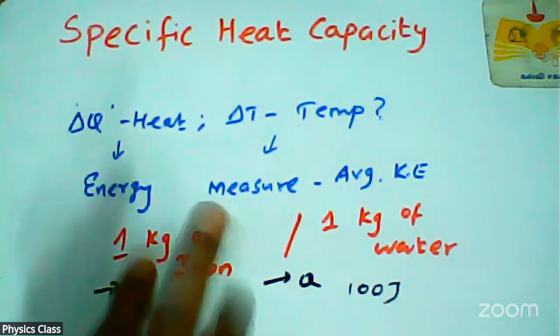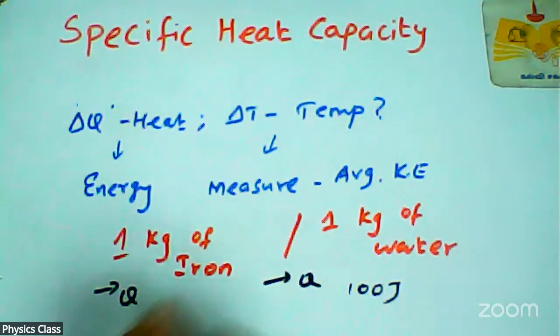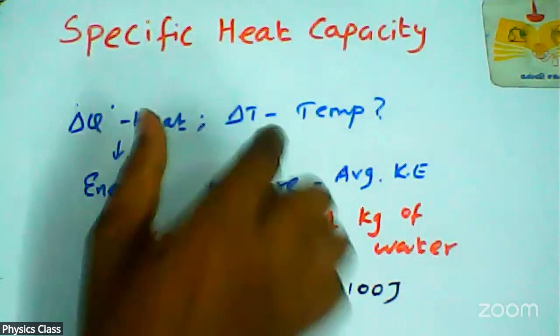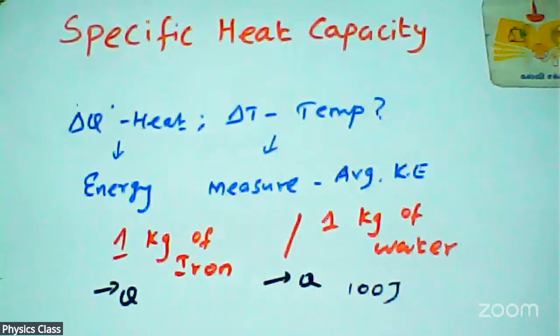So this difference is precisely what we are going to explore today with the concept of specific heat capacity. Let's quickly test your fundamental knowledge with a short 3-question MCQ about heat basics.